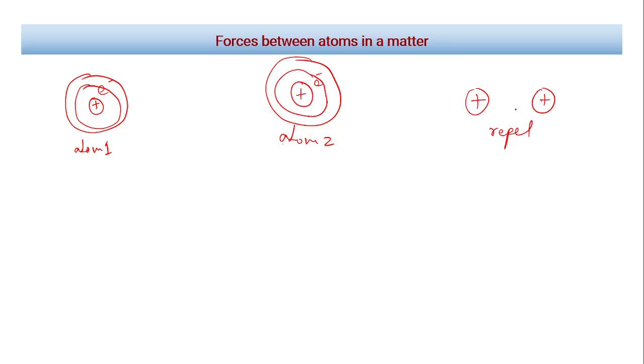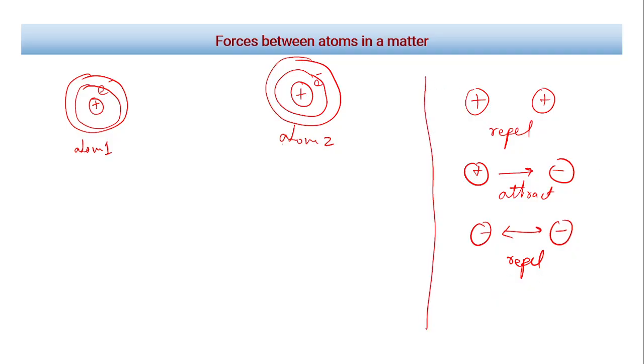If they get close to positive charge, they will repel. If they get near opposite charge, which is negative charge, then they will attract, right? Or if negative charge comes in the vicinity of negative charge, that will also repel. So we say like charges repel and opposite charges attract. This is for the case of our charges.